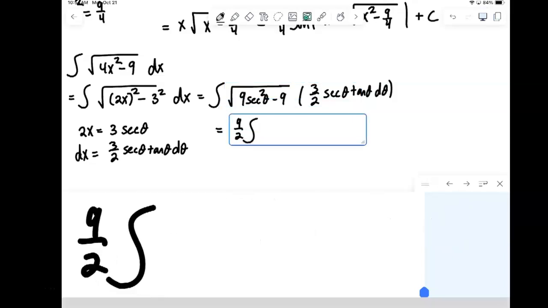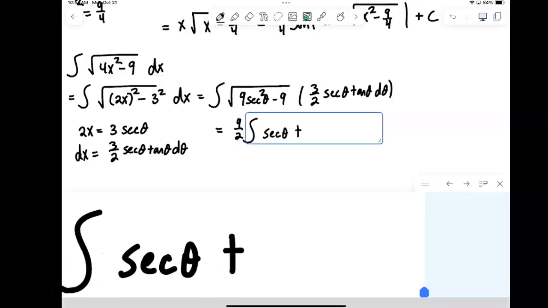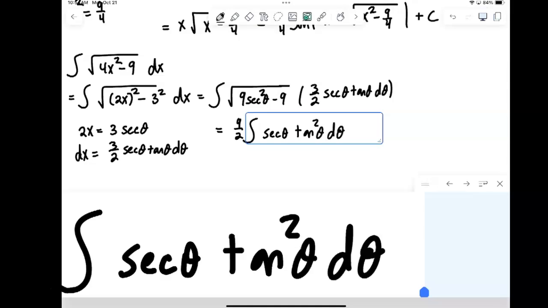So that in the end we're going to have secant theta tangent squared theta d theta. And unfortunately, now I do not have a secant left over, so secant tangent with a tangent left over won't work.